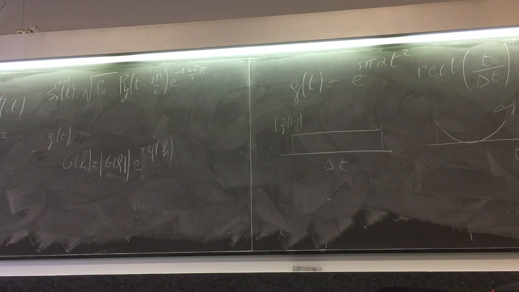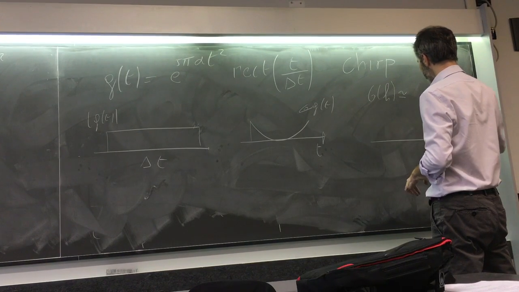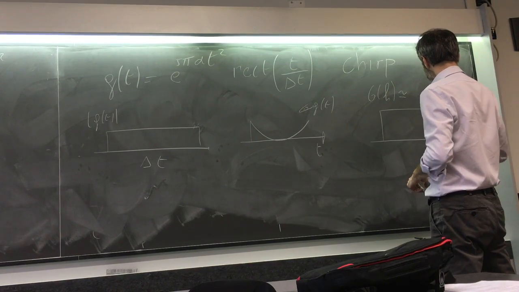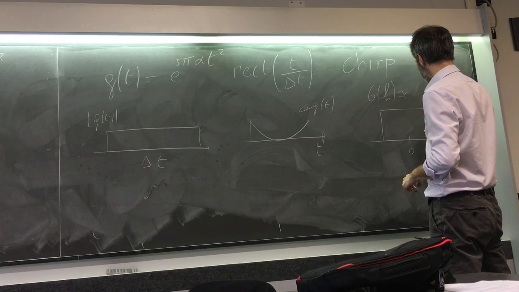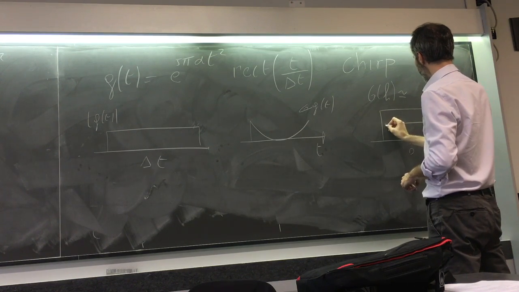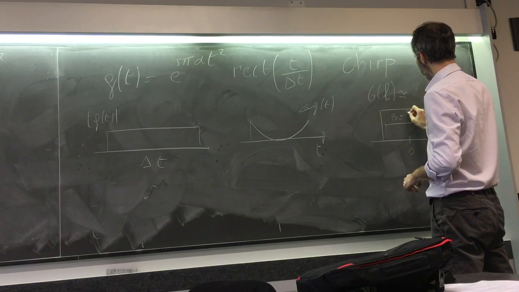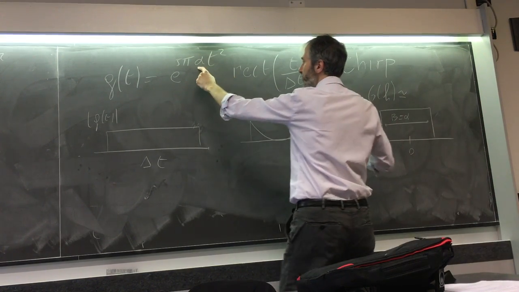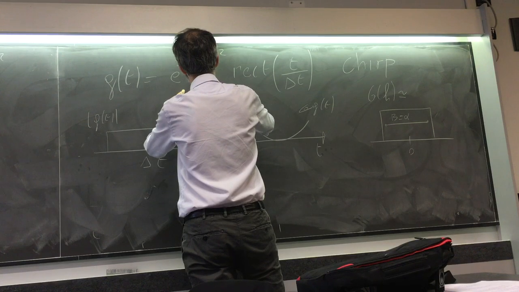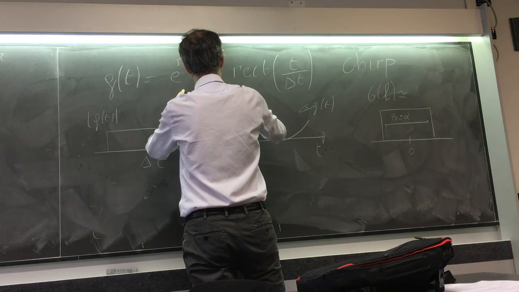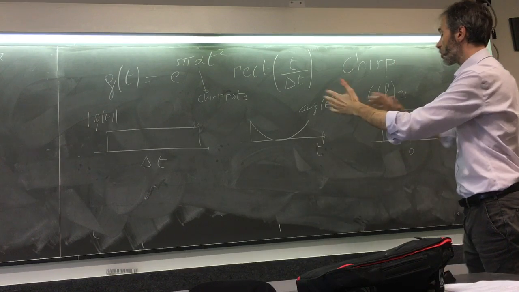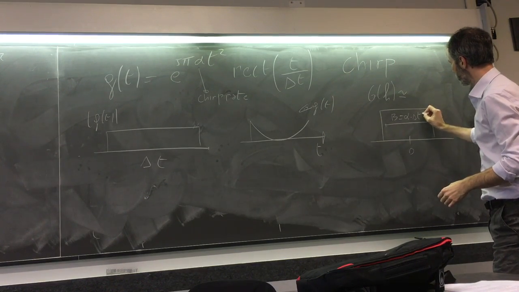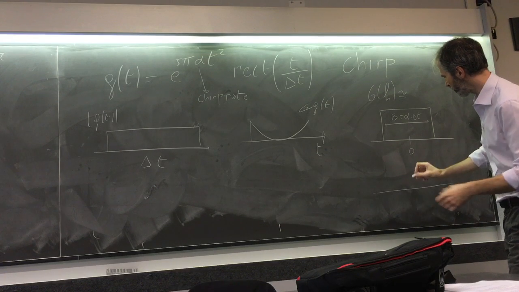And the Fourier transform is approximately something like this. It is a rectangle, a rectangular pulse whose bandwidth is equal to this alpha coefficient, which is called the chirp rate, times the total duration of your signal, and then its phase is parabolic again.